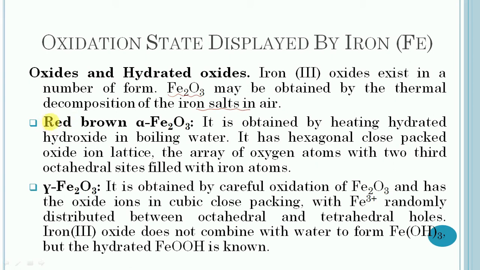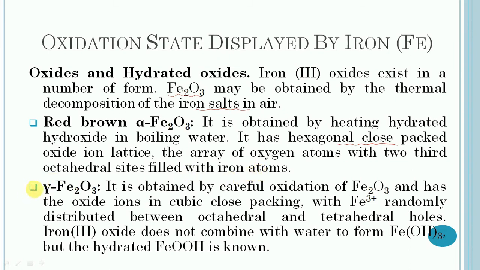The first one, the red brown, is also called alpha iron oxide. It is obtained by heating hydrated hydroxide in boiling water. It has a hexagonal close packed oxide ion lattice, an array of oxygen atoms with 2/3 of the octahedral sites filled with iron atoms.